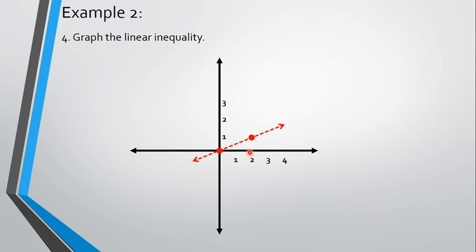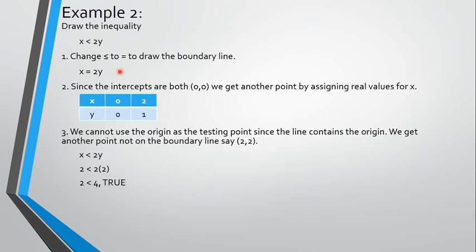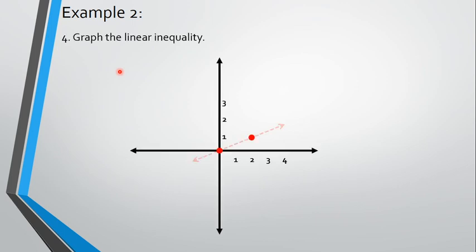Now, as you can see, our boundary line here is a broken line. Why? Because x is less than 2y. If it is less than, that only means that the points that lie on this boundary line will not satisfy our inequality. Now class, our testing point there is 2, 2, right?